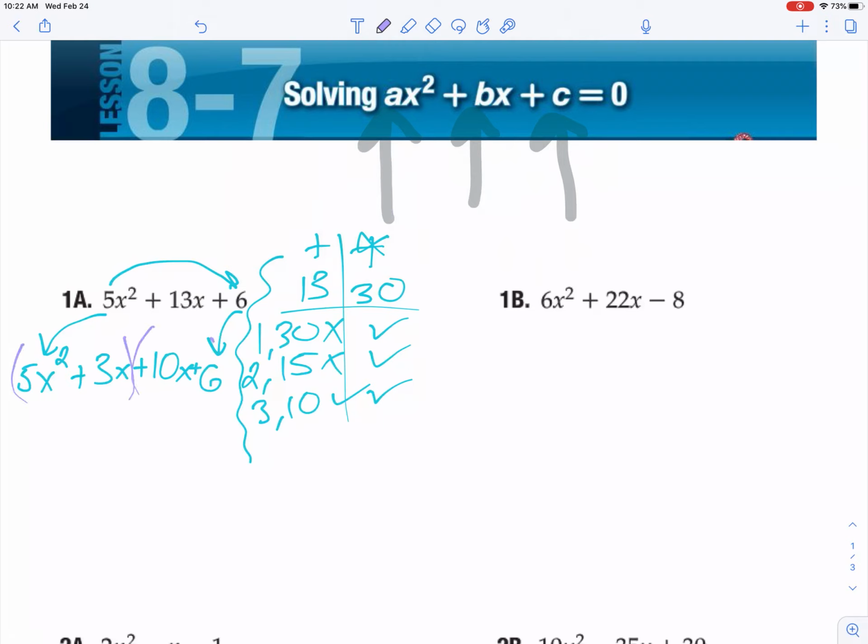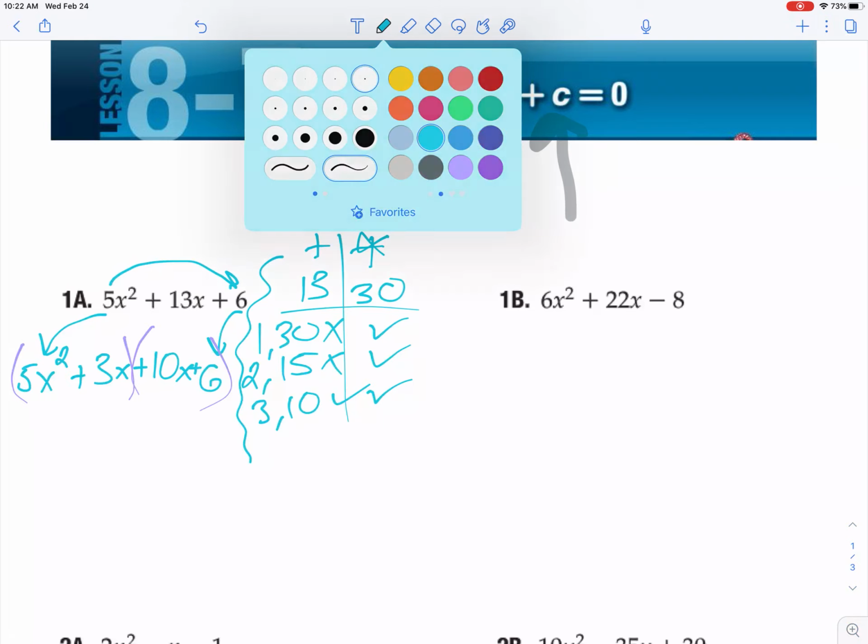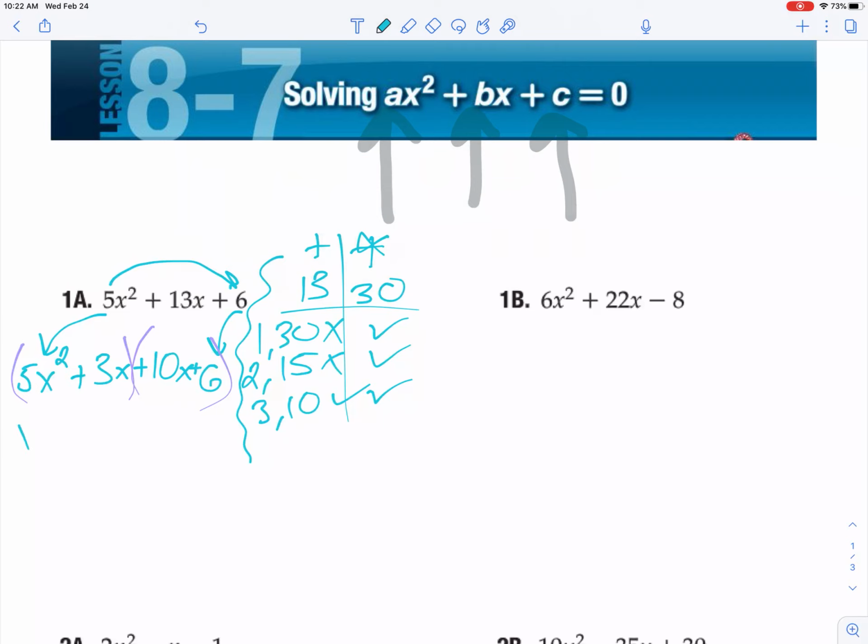So what I'm going to do now is my factor by grouping. And it looks like over here I can pull out an x, which is going to leave me with a 5x plus 3. And it looks like on this one I can take out a 2, which is going to leave me with 5x plus 3. Eek, running out of space there. Hey, what do you know? Those are the same.